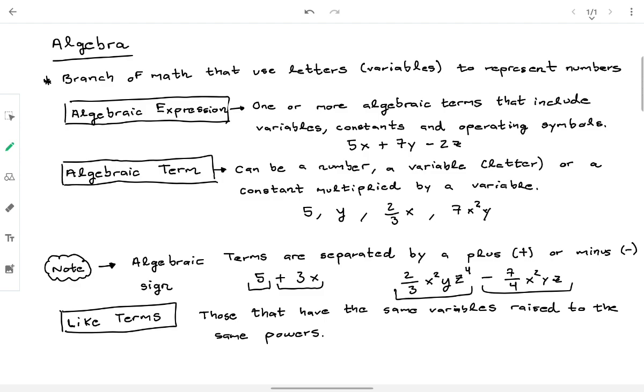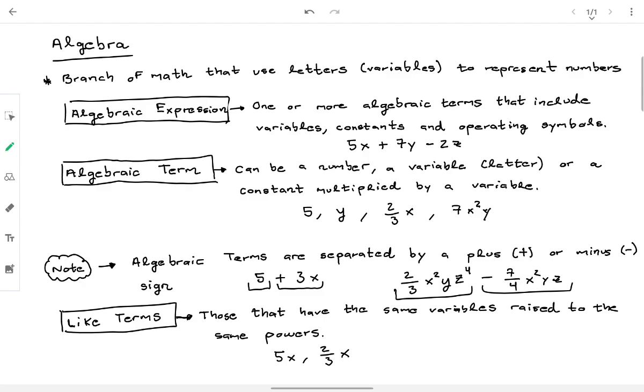We can also define what like terms are. Like terms are those terms that have the same variables, and also those variables raised to the same powers. That means if we have 5x and 2/3 x, they are like terms because both of them have the same variable, in this case x, raised to the same power, in this case 1.